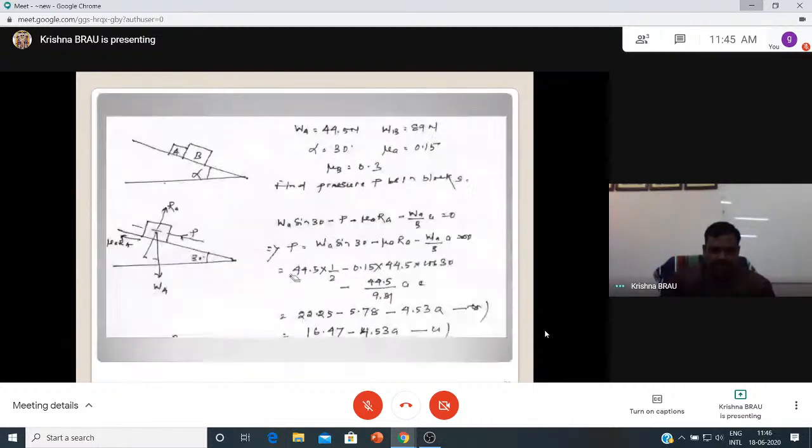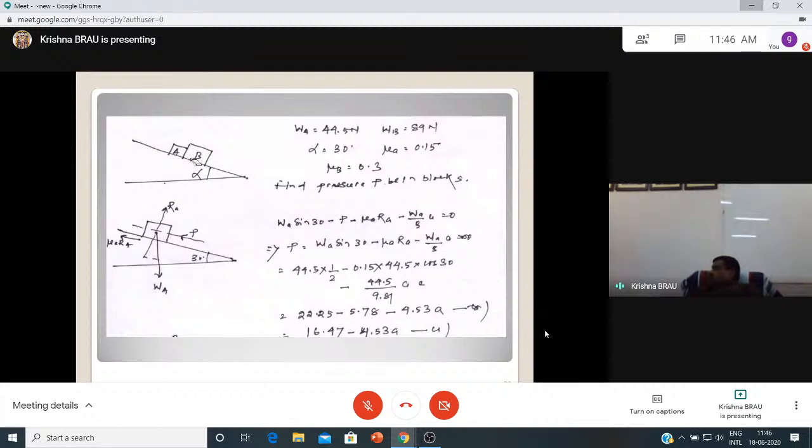Similarly, only a little bit of change in the values. Now let us note down the other problem. Two blocks resting on an inclined plane, one touching the other. Note down the problem, the block weights are WA equal to 44.5 newtons and WB equal to 89 newtons.